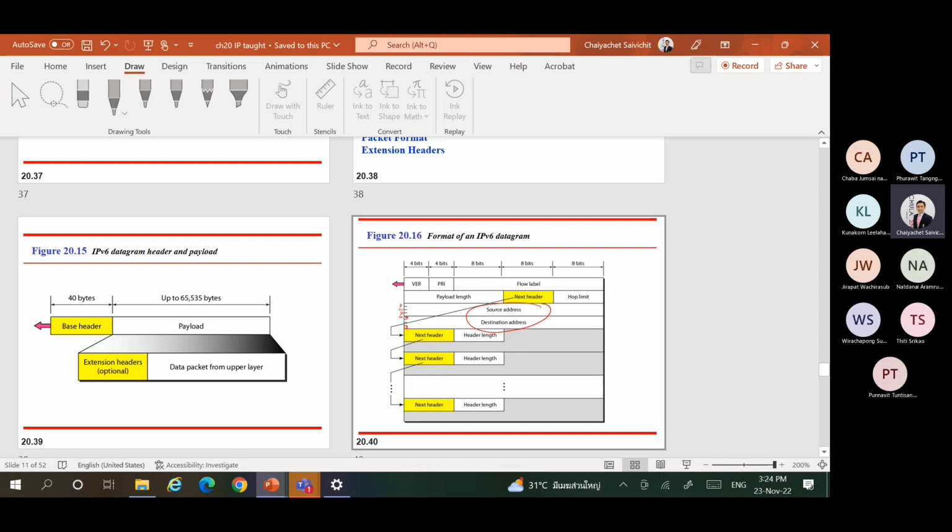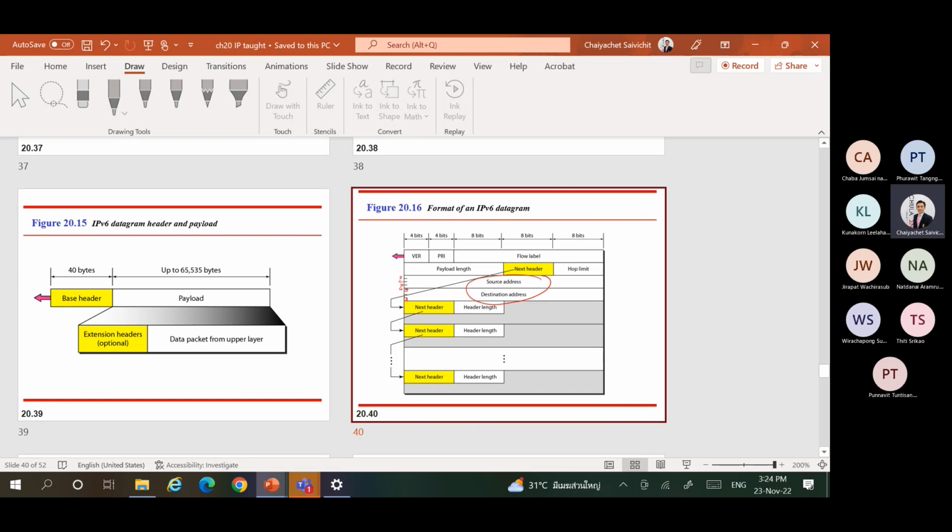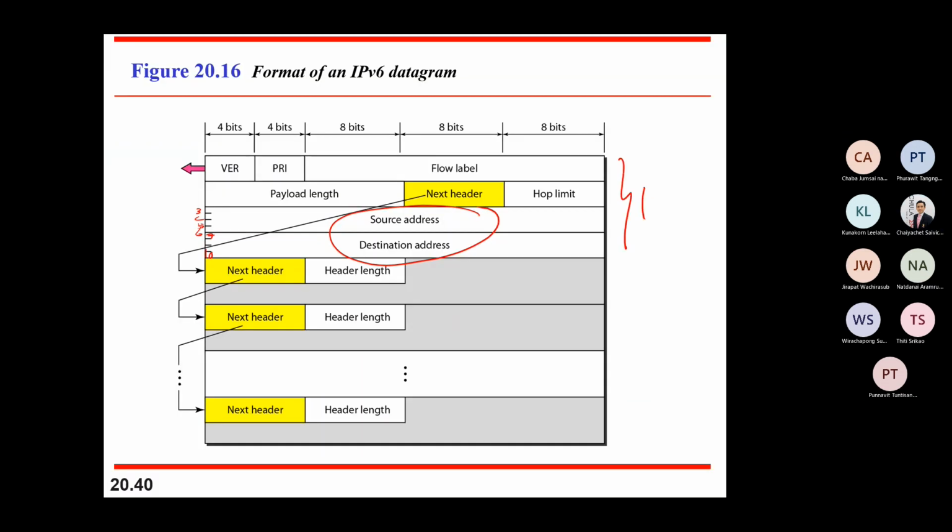Okay, because we need 4 rows to fit a 128-bit address. So this is the header. This 40 bytes would be 10 rows of the header.